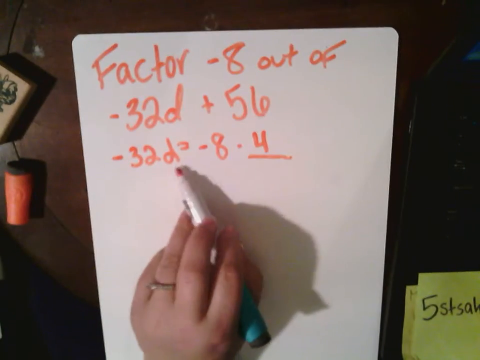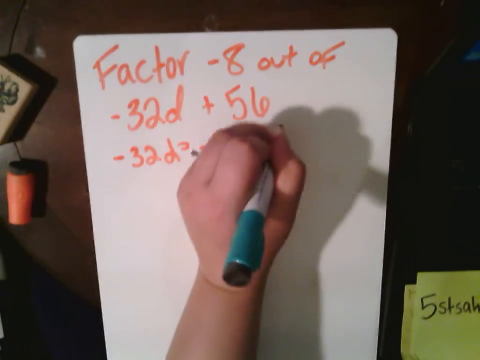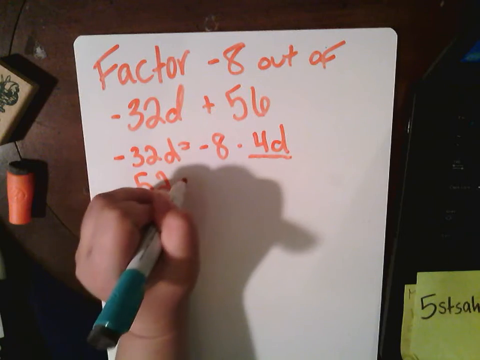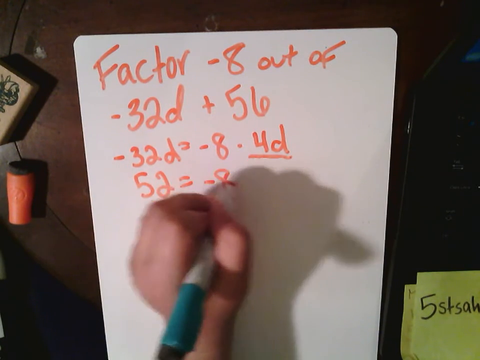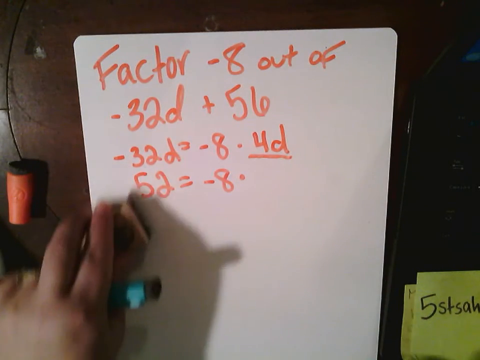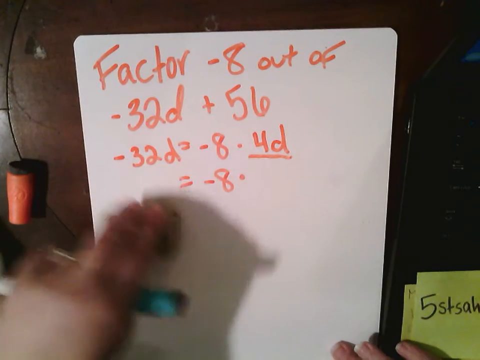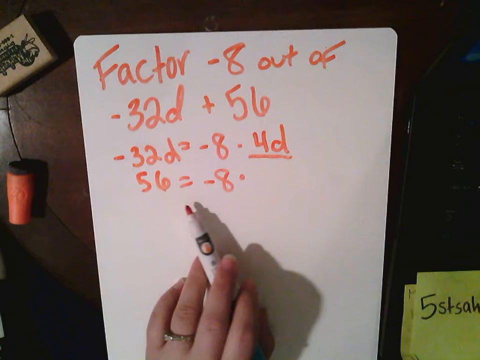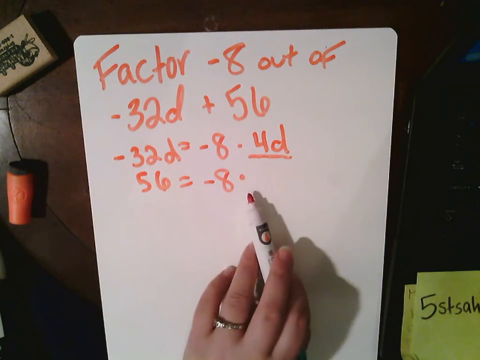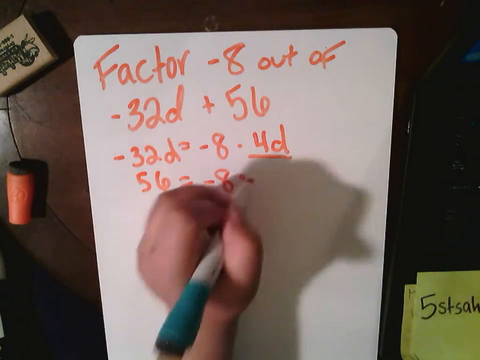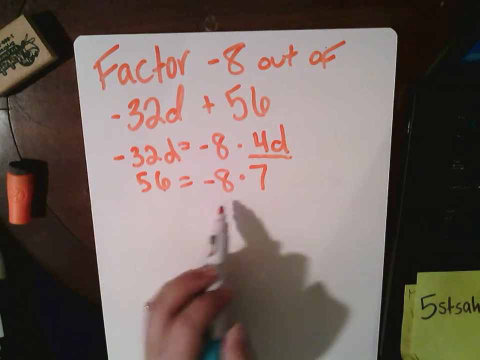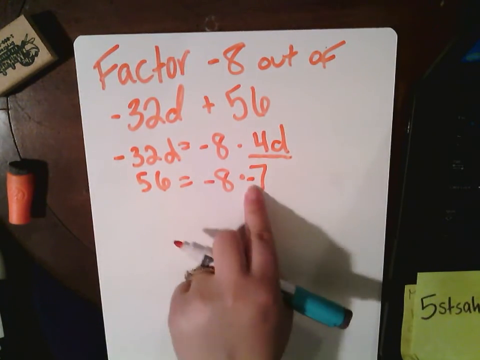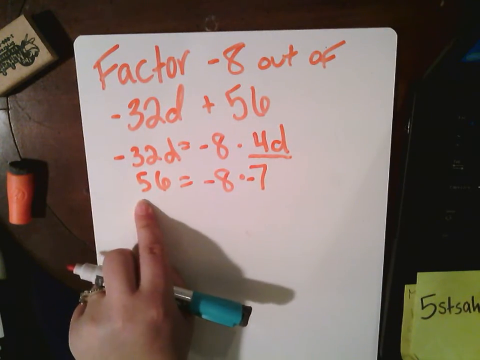And since there's a d here, but no d here, we need a d with this term. So then we have 56 is equal to negative 8 times what? Okay, negative 8 times what gives us 56? And it's 7. And it's actually going to be a negative 7 because a negative times a negative gives us a positive.